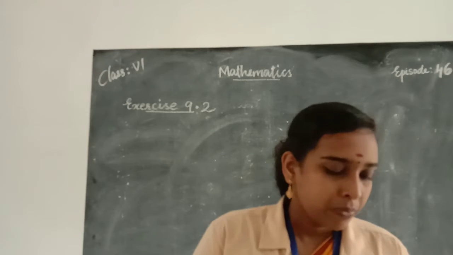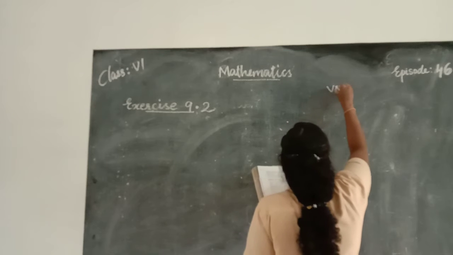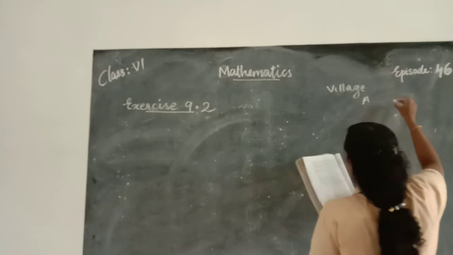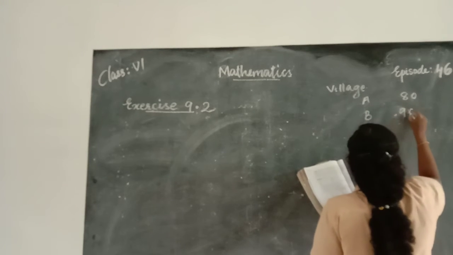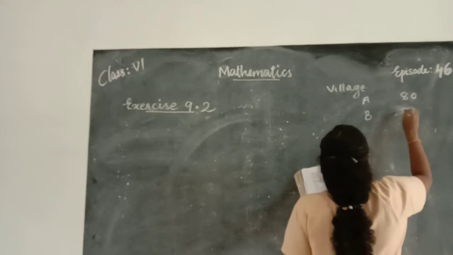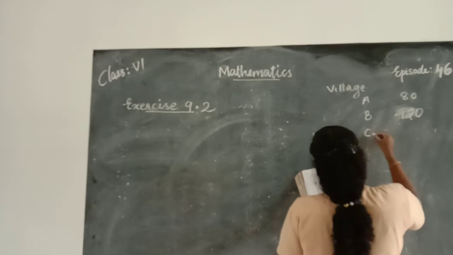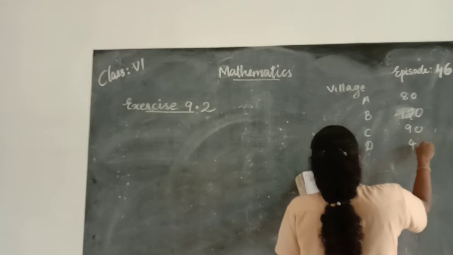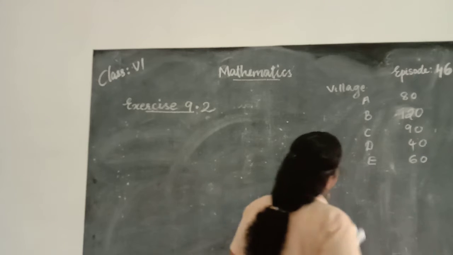So here the data given: in village A there are 80 animals, in village B 120 animals, the number of animals in village C is 90, in village D 40, and in village E 60.